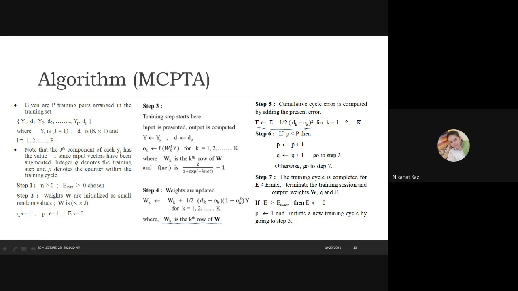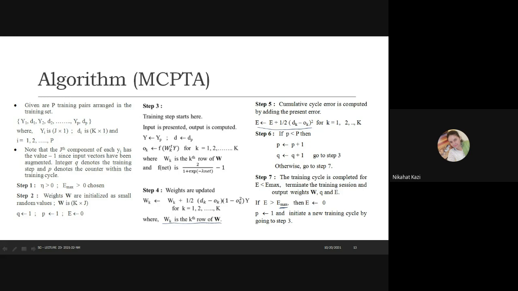So it will be a value which is close to zero. It will keep on reducing. So you have to decide your threshold, Emax, beforehand and continue. Rest all the steps remain the same.